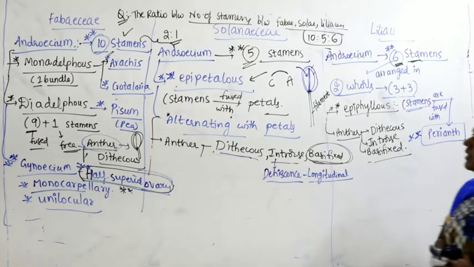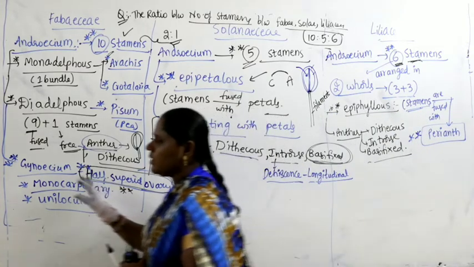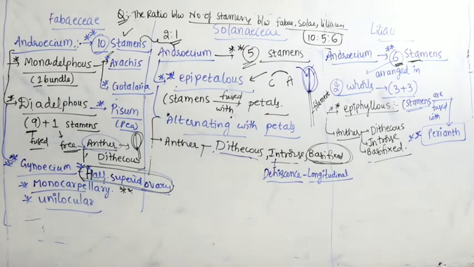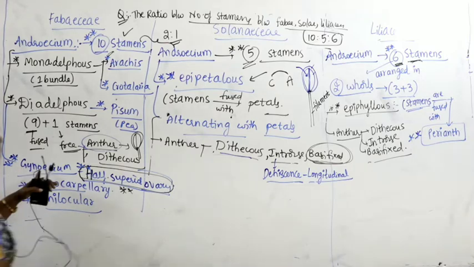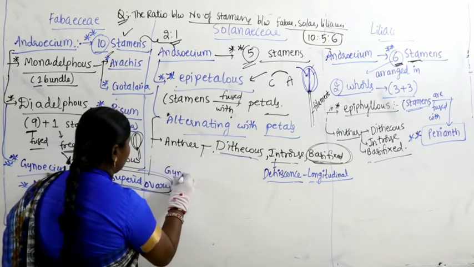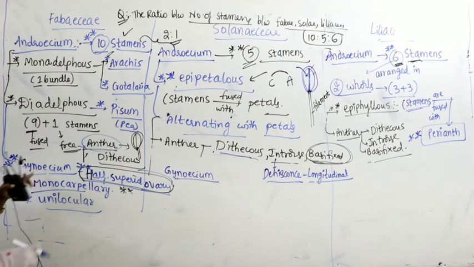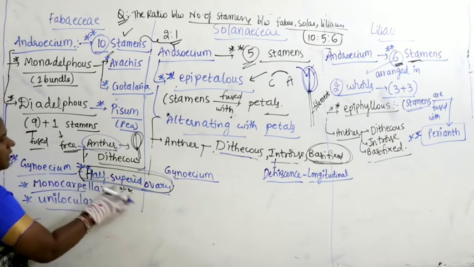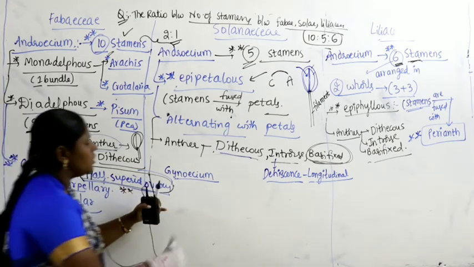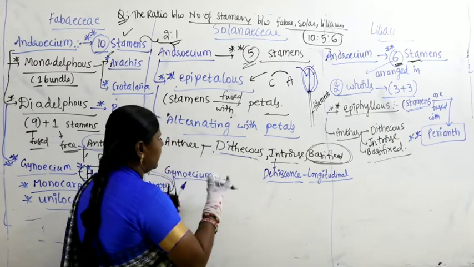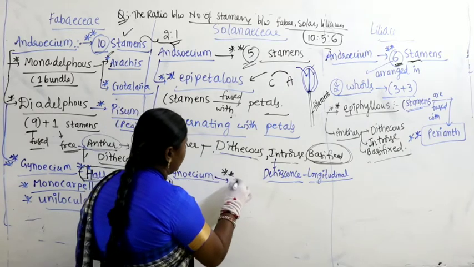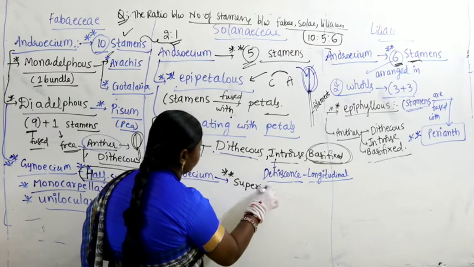Right. Now, let us go with the gynoecium. Let us discuss the gynoecium of Fabaceae: it is a half superior ovary. Coming to the gynoecium of Solanaceae, it is a superior ovary, a very important difference.